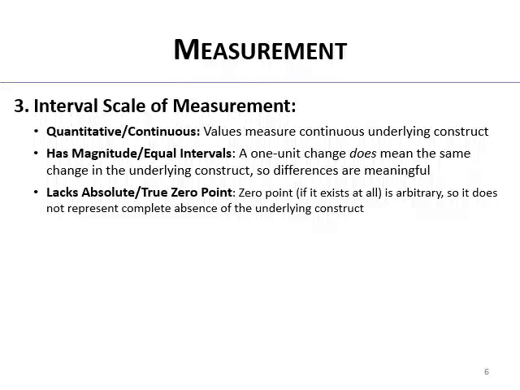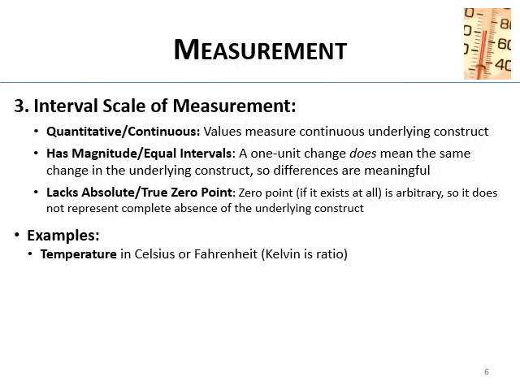And so we need some examples. Obviously, temperature is on an interval scale of measurement. So for Celsius and Fahrenheit, a 1 unit degree change is a 1 unit degree change. It's the same amount of whatever the heck it is, like energy, calories required to heat 1 gram of water 1 degree.